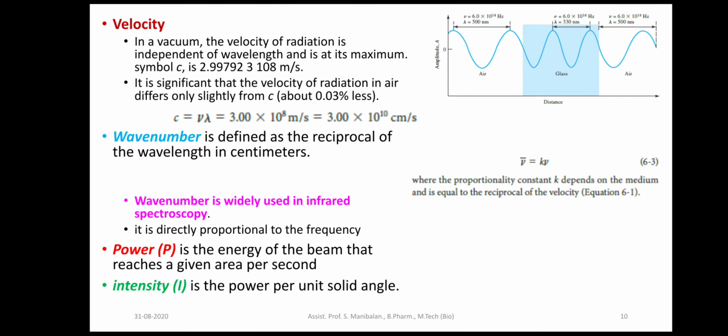In a vacuum, the velocity of the radiation is independent of wavelength. Understand this and note the point. So the velocity of the radiation is independent of wavelength in a vacuum.